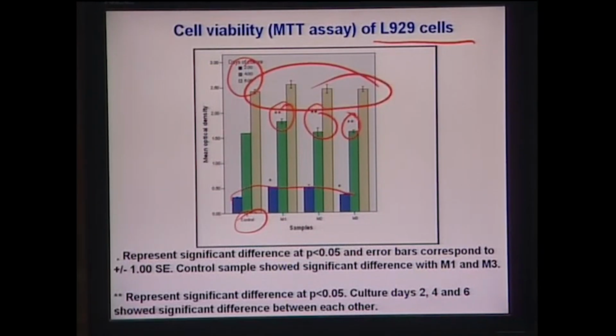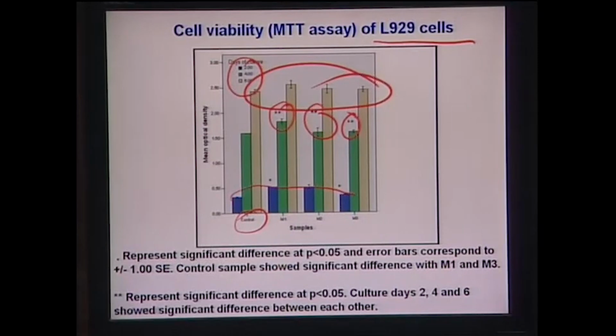So what I am trying to emphasize is that by varying the fluorine content, you do not compromise much on the biocompatibility or cell viability property, because you see similar MTT OD values, that is optical density values, after 2 days, 4 days and 6 days, with some cases having statistically significantly different values.